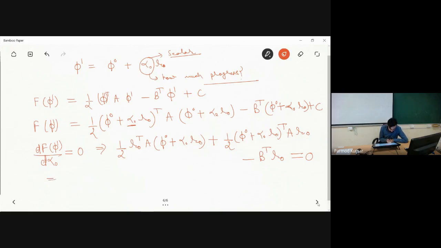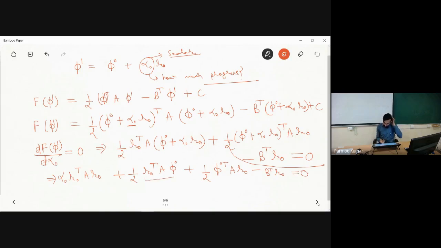So this will become r naught transpose A r naught with alpha naught times, plus r naught transpose A phi naught plus half of phi naught transpose A r naught minus b transpose into r naught, and this is equal to 0. So now I have to find out the relationship between these two terms. How can I find out the relation?